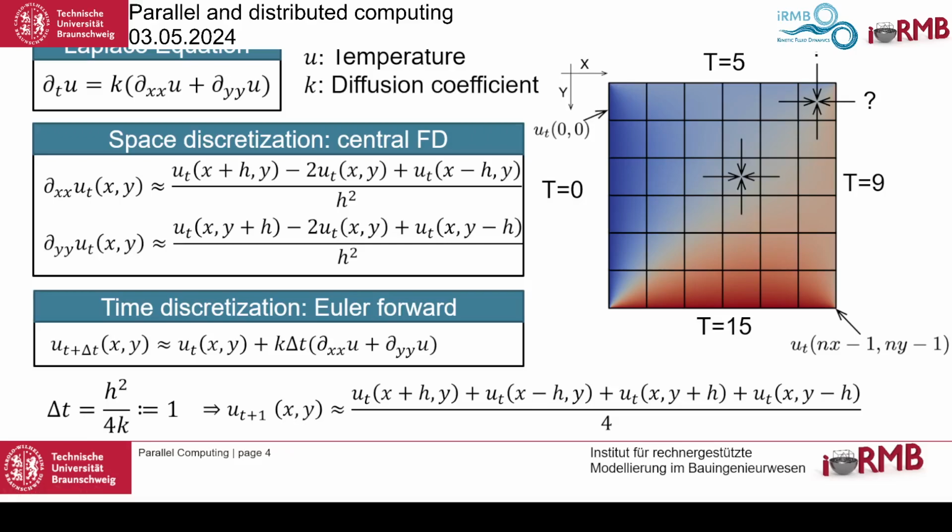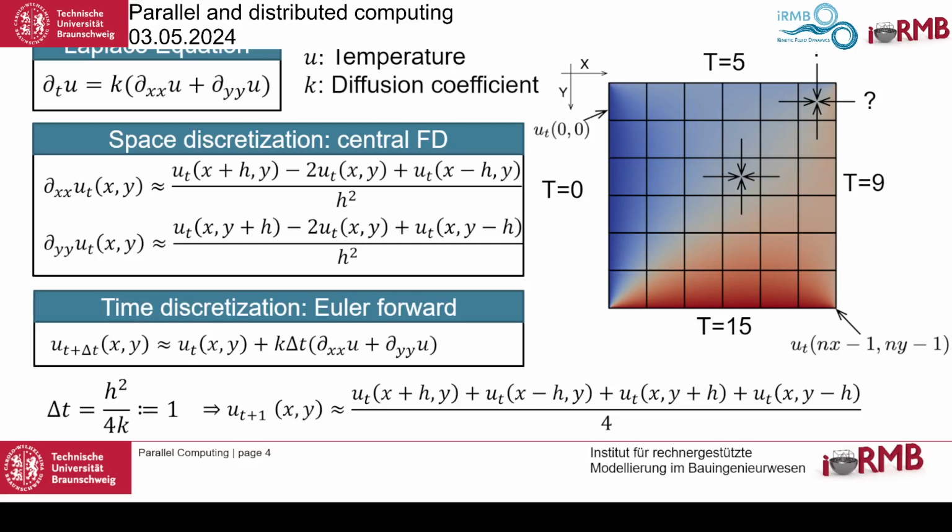You make the clever decision to choose the time step according to the grid spacing, which now here is h square, divided by 4k, and then everything drops out. The reason we can do this is because we are interested in the final state. So we don't care about the actual time resolution.